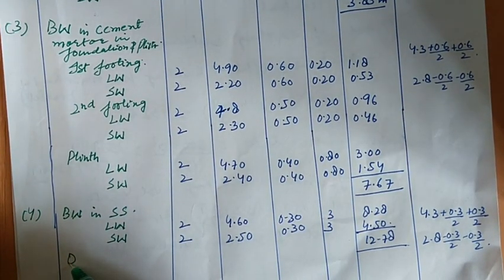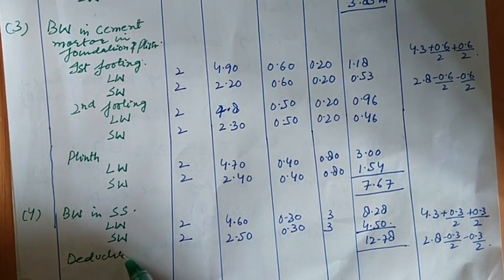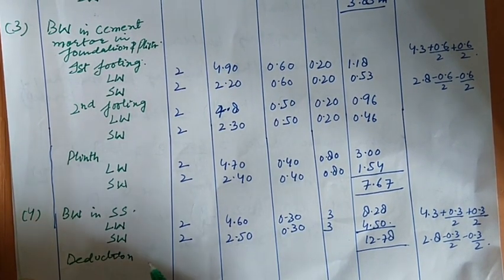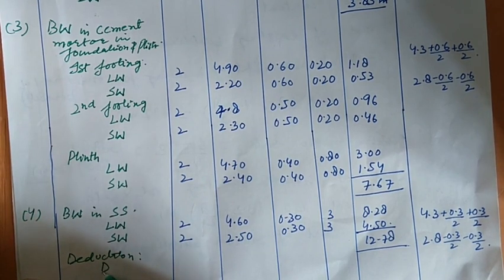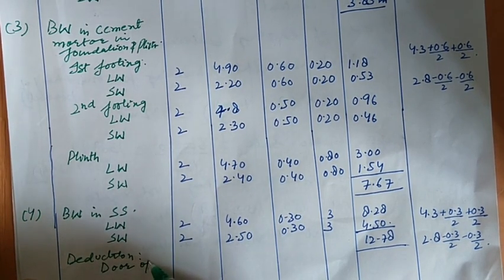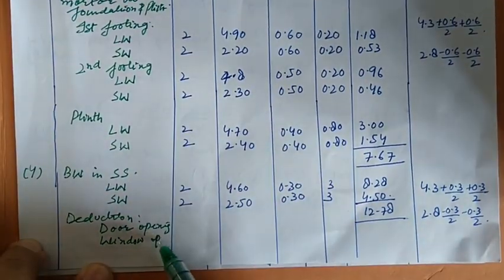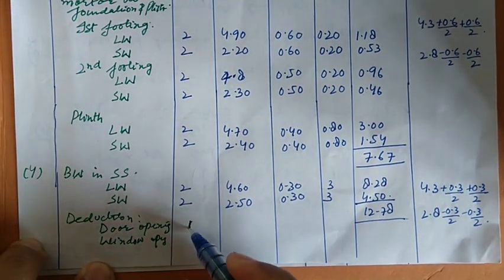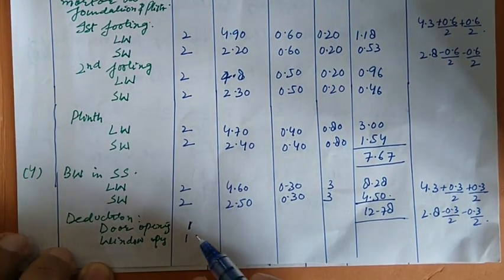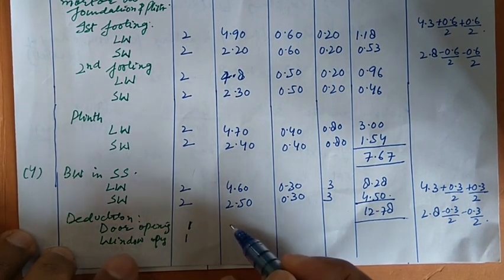So here we write the deductions. For deductions we have the door opening and we have the window opening. We have one door and we have one window, and the dimensions for the door and window is given.